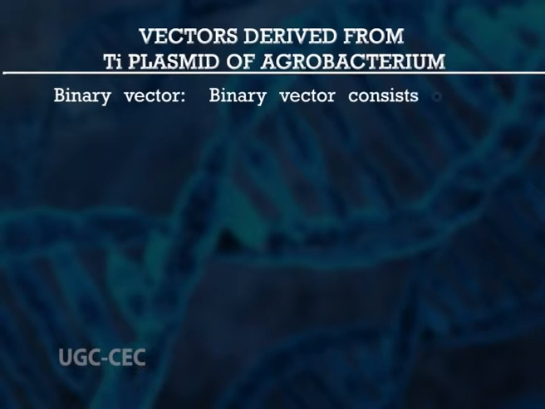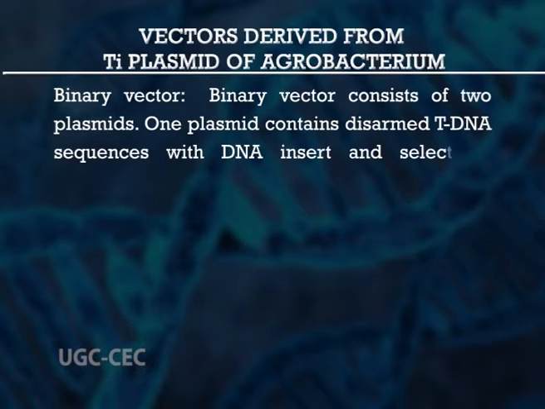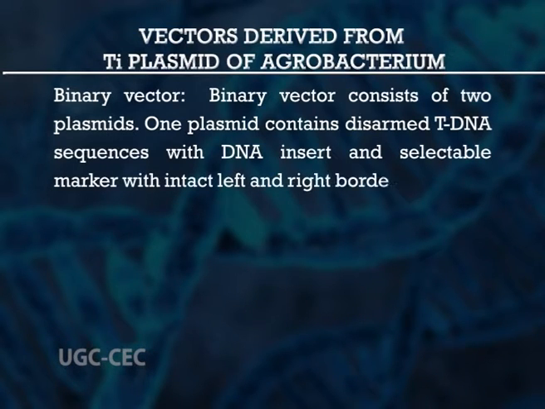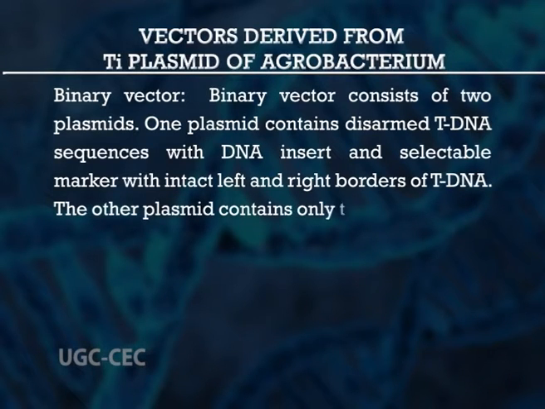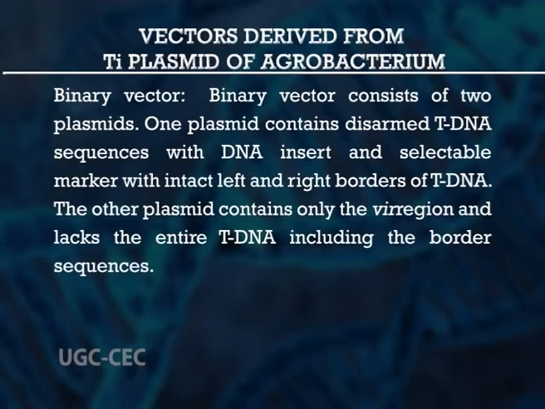Binary vector consists of two plasmids. One plasmid contains disarmed T-DNA sequences with DNA insert and selectable marker with intact left and right border of T-DNA. The other plasmid contains only the vir region and lacks the entire T-DNA including the border sequences.